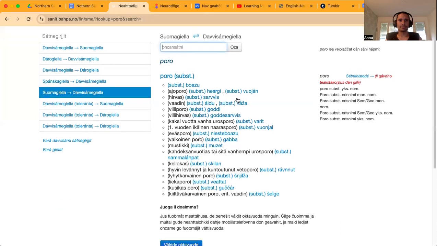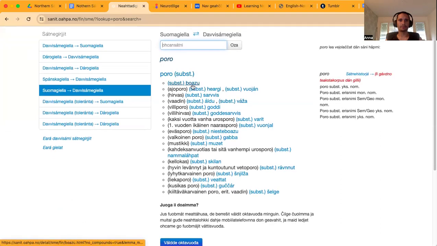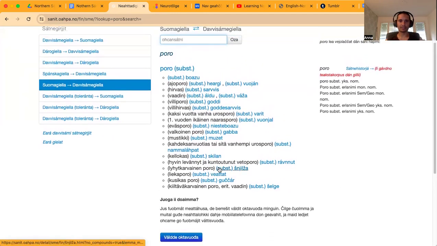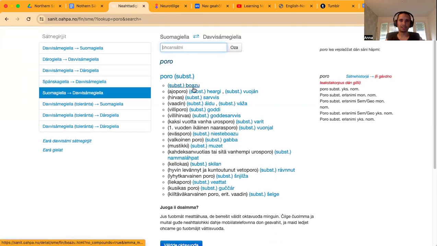Then I click. Okay, here there are quite many. Northern Sámi has a lot of words for reindeers according to their different characteristics. So this is the basic word for reindeer. Oh, there are so many. Okay, let's take this one.